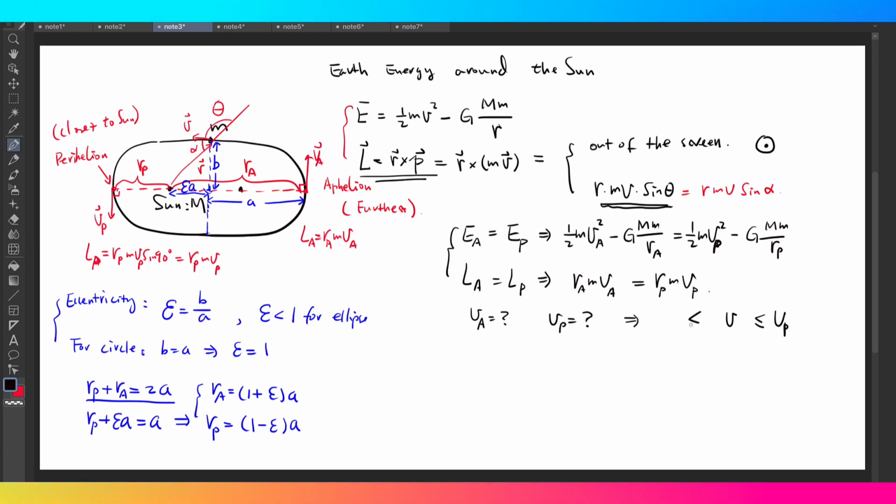And then the lower bound here is VA. At point A, the Earth has the slowest speed. Okay, so that's why the Earth's speed is in between these two. So that's why these two points have some meaning. And let's figure out what these two speeds are at the two points. Okay, so now to do that, I need another page. So let's copy these two equations over.